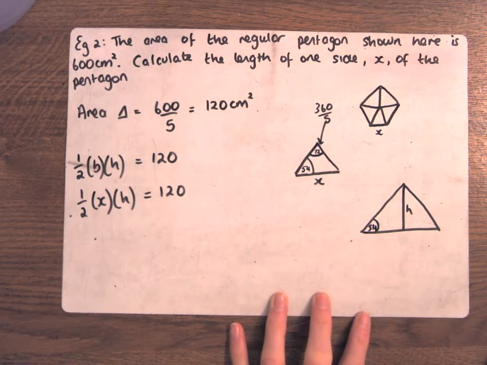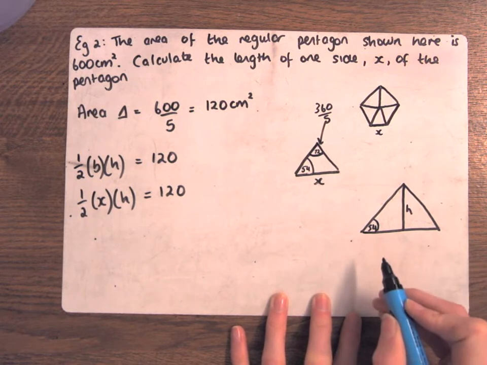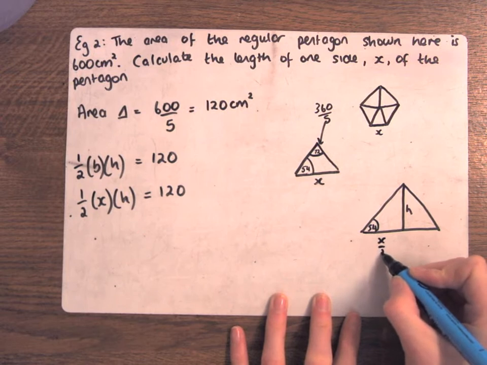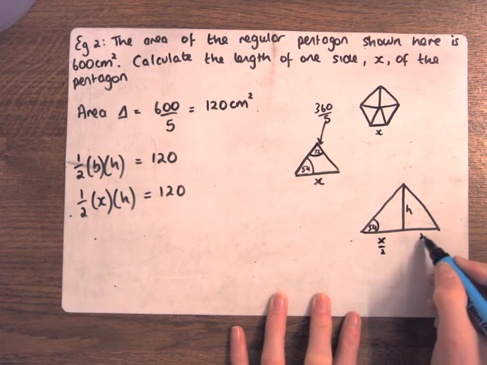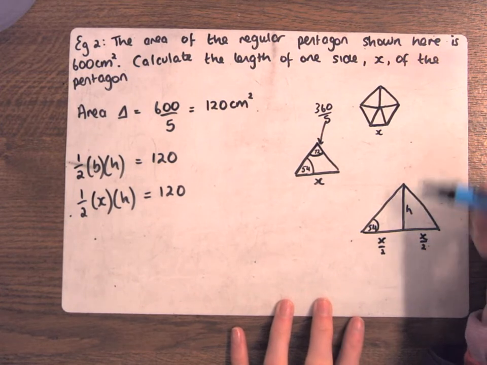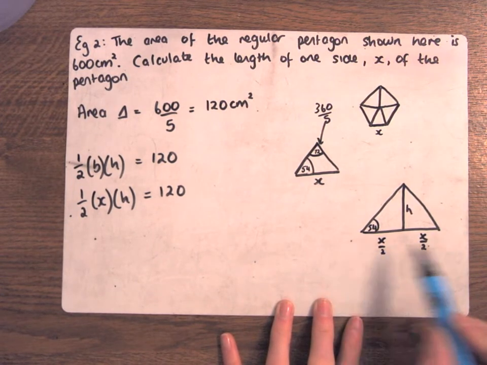When you drop the perpendicular, it actually cuts this side in half. So it was x. What's it now? Half of x, or x over 2. And here would be x over 2. So when you drop the perpendicular in an isosceles triangle, it cuts the base into 2 equal parts.